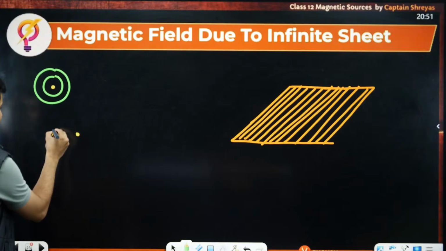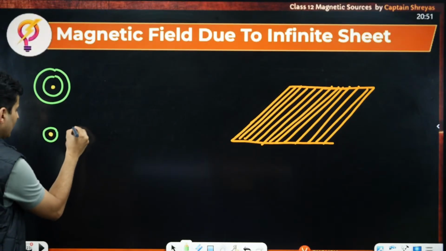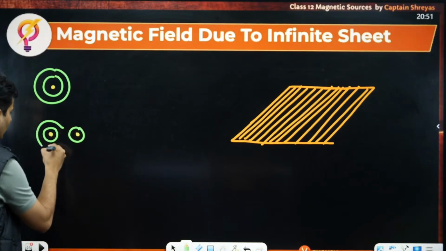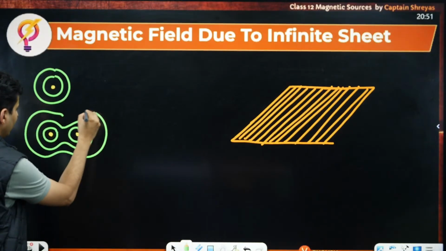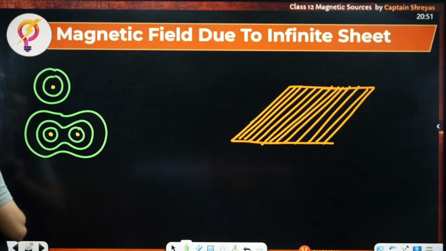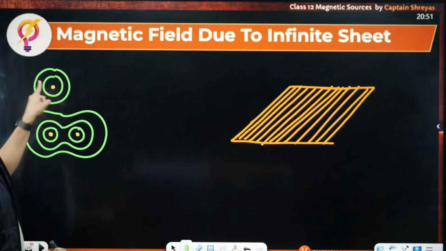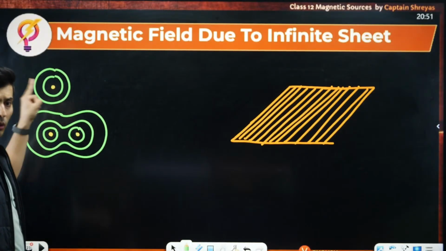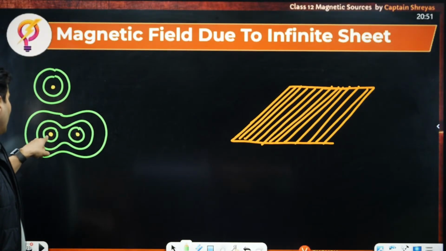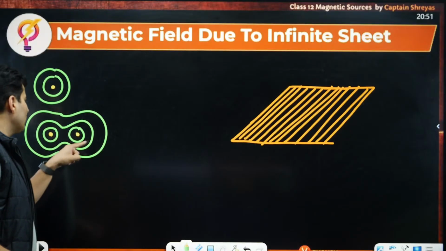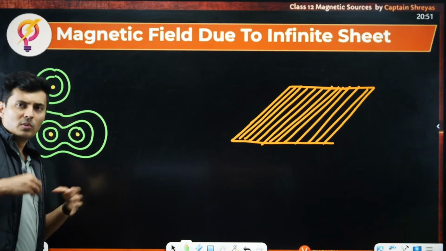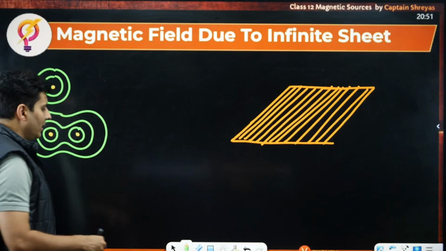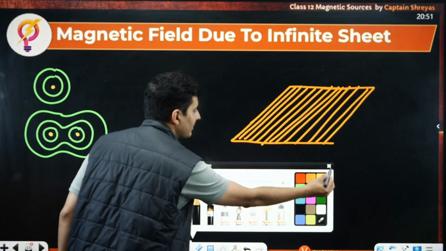Then the magnetic field around it will look like this, slightly distorted. Remember, this wire is coming in and out of the plane of the board, so it is circular. For two wires it is also circular close by, but as you go far away, both the fields start contributing and you will see a distorted field like this. Looks like an alien's eyes.